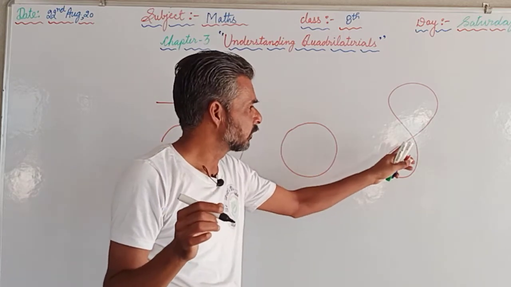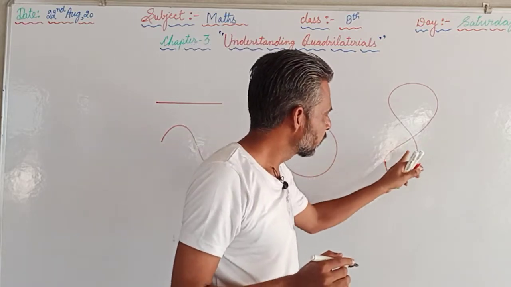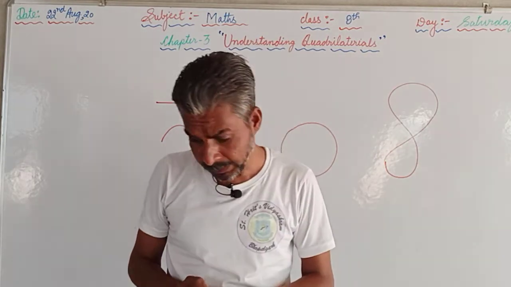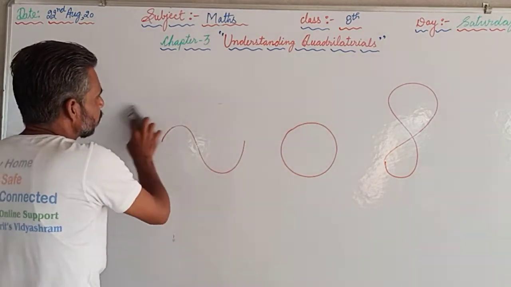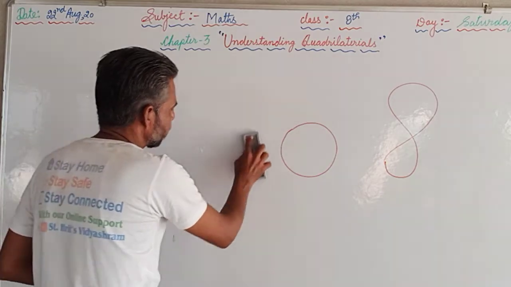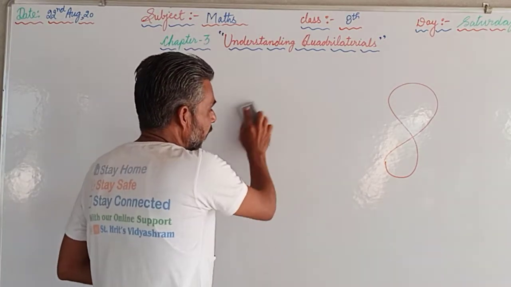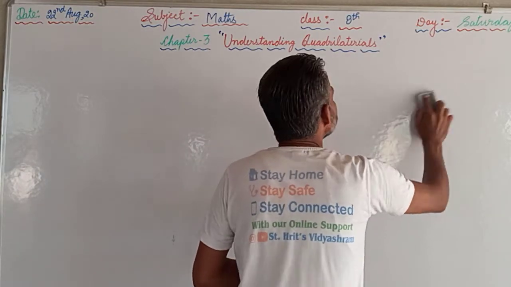Second one, the sides should not intersect. Curve should not intersect at any point. So for the plane curve and the closed curve, we are not supposed to lift our pencil. The main thing is that. And for the closed curve, there should not be any intersecting point of the curve within the curve.